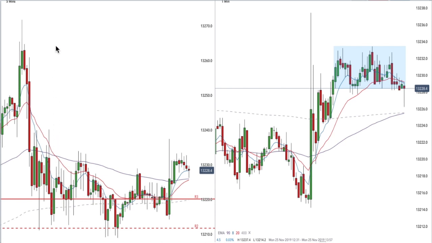So here's the chart. On the left hand side of the screen you've got the 5-minute time frame chart, and on the right you've got the 1-minute time frame chart. This is the double top and head and shoulders top that I'm referring to. You've got the left shoulder, the head, the right shoulder, and the trade would be from below the middle and downwards.